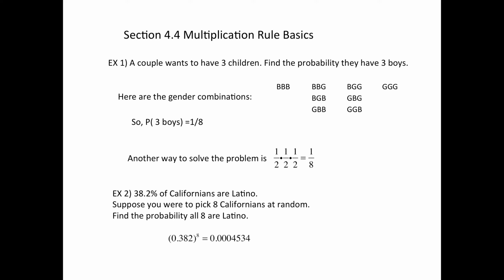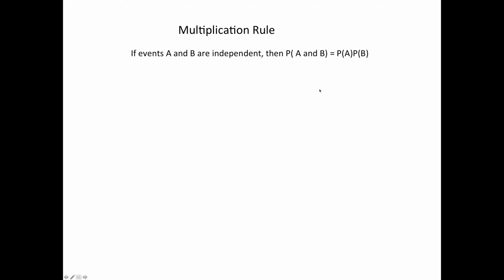If you're randomly choosing people, the answer is no. In the other example with the gender, just because the first child was a boy, does that have any effect on whether or not the second child will be a boy? No, it doesn't. So if they don't have any effect, the multiplication rule just says "and" turns to multiplication. You just find each probability and multiply.